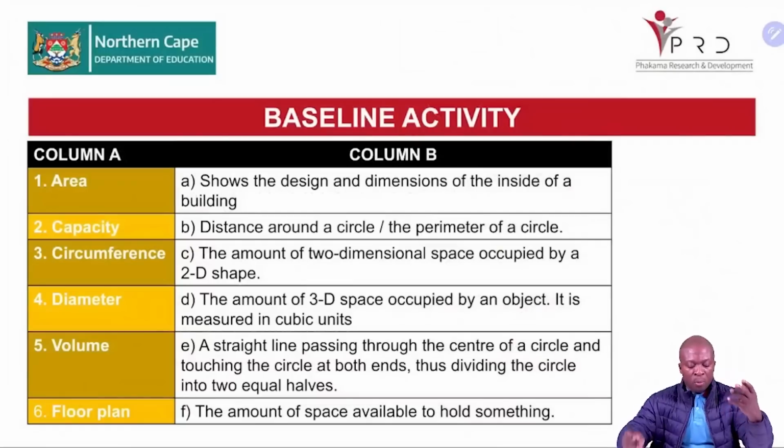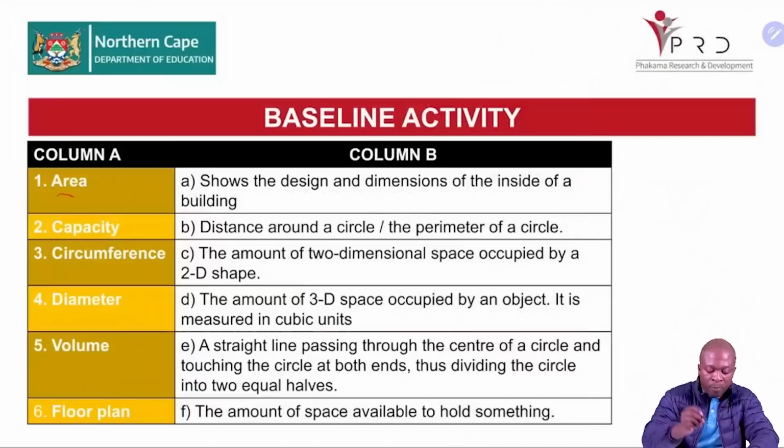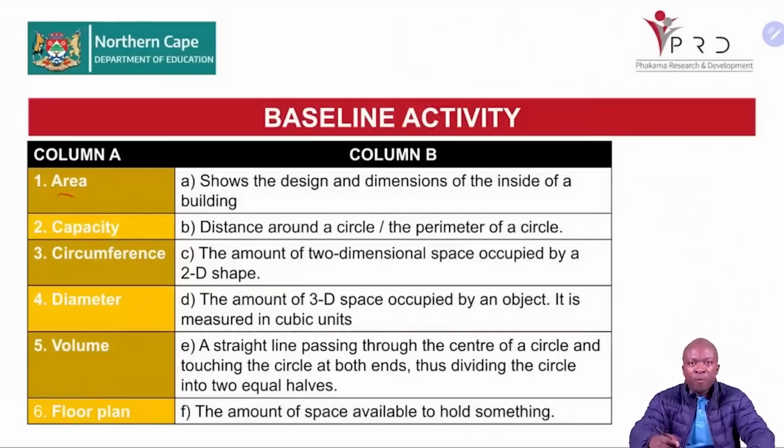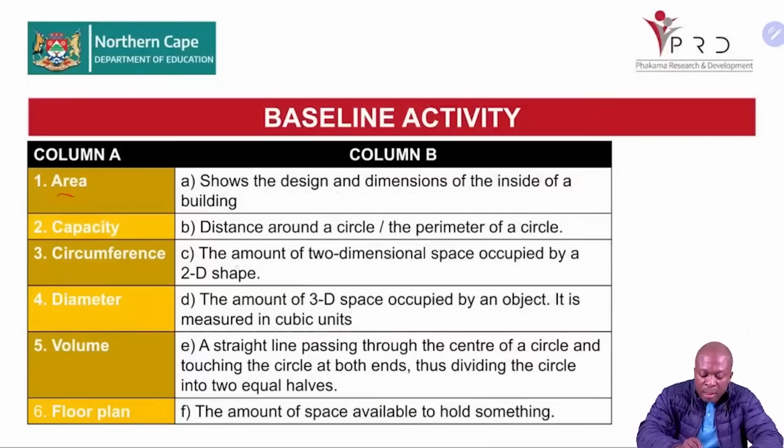All right, so let's take the area. When we talk of the area, which of the answers from A to F do you think the answer is? When we talk of area, it is the amount of two-dimensional space occupied by a 2D shape.